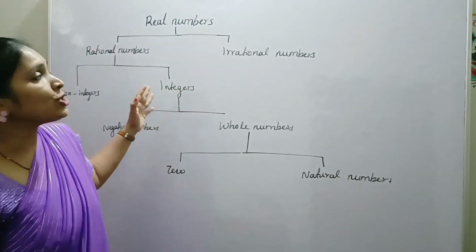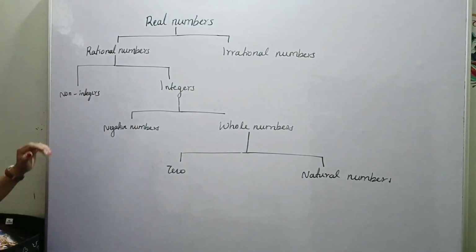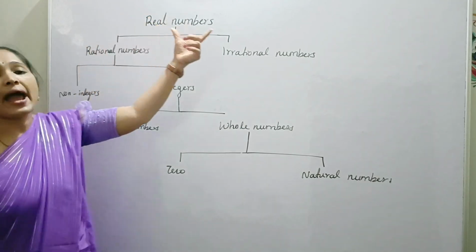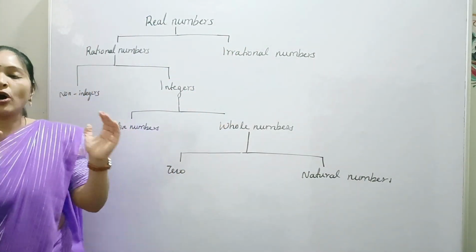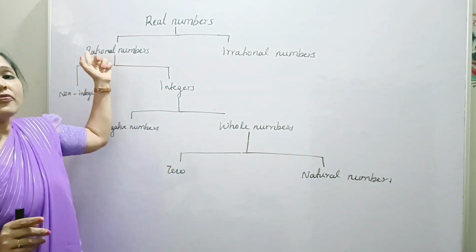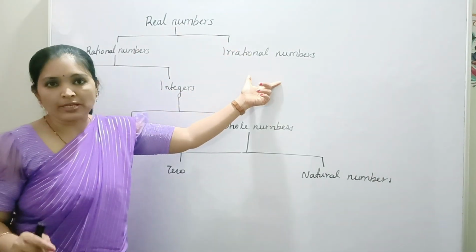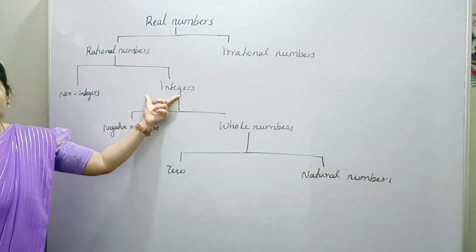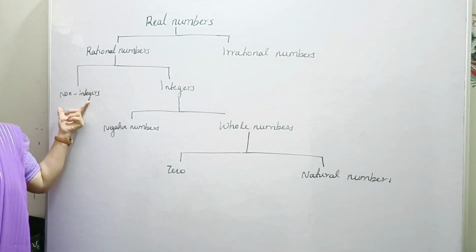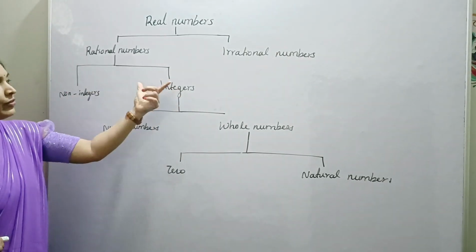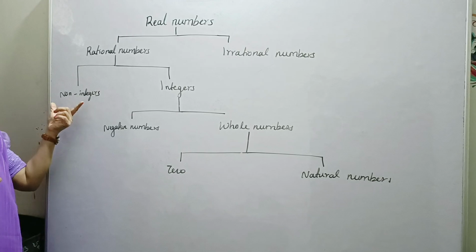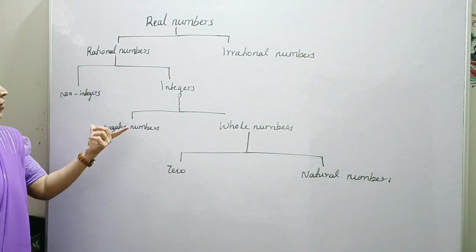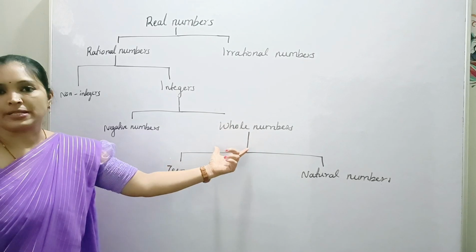Look at this classification of real numbers. Real numbers constitute the rational numbers and irrational numbers. Rational numbers consist of non-integers and integers. Non-integers means fractions. Integers with non-integers, that is fractions, is the set of rational numbers. Integers consist of negative numbers and whole numbers.